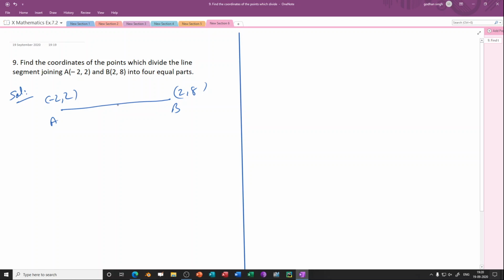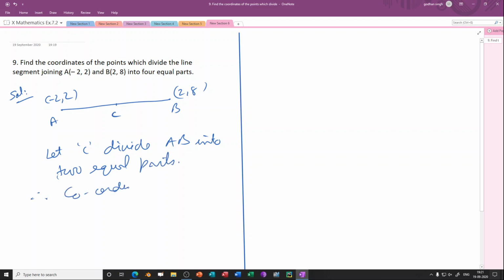So first we'll make 2 equal parts of this. Suppose this is C. Let C divide AB into 2 equal parts. Therefore, the coordinates of C are, we'll just apply the midpoint formula: x1 plus x2, that is minus 2 plus 2 over 2, and 2 plus 8 by 2.